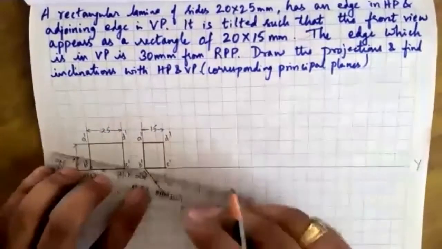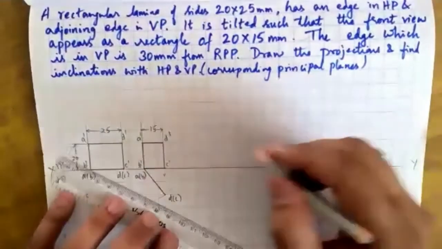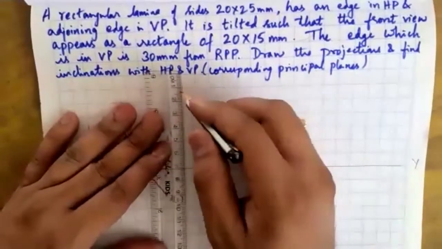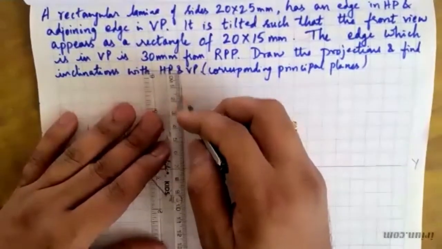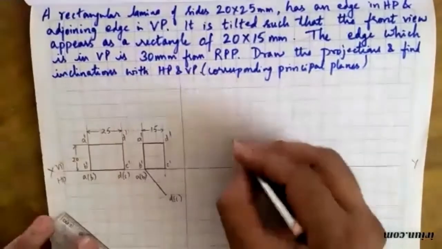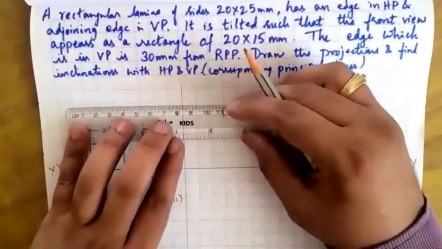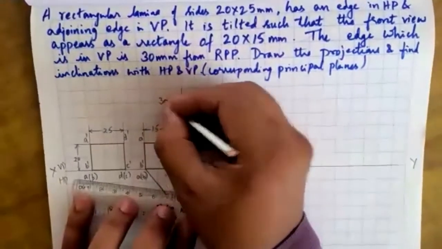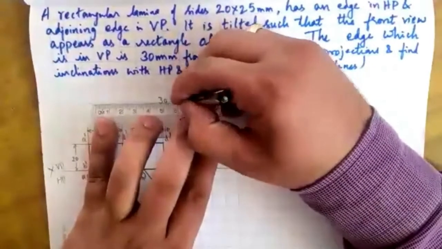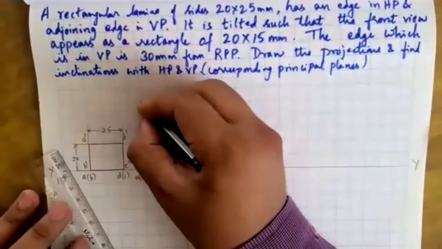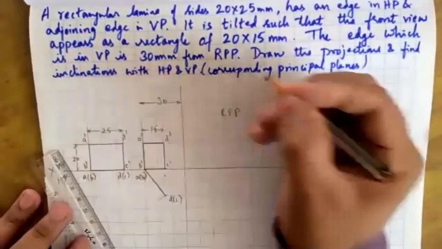So that edge is at a distance of 30 mm. 1, 2, 3. 30 mm I am going to draw an RPP. So this is RPP at a distance of 30 mm. I am going to write 30 here and dimension 30 from this edge AB.